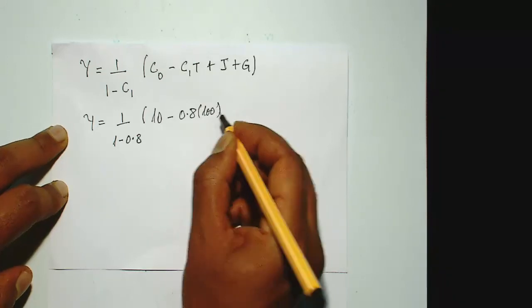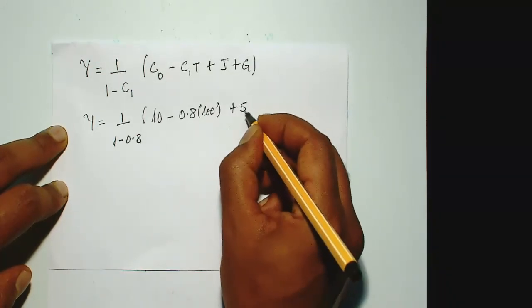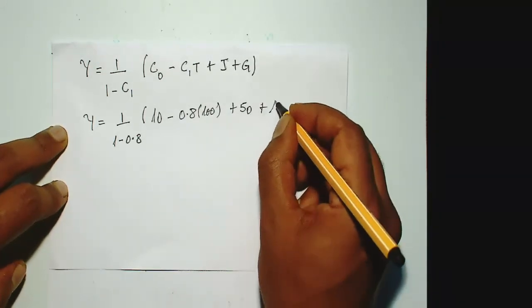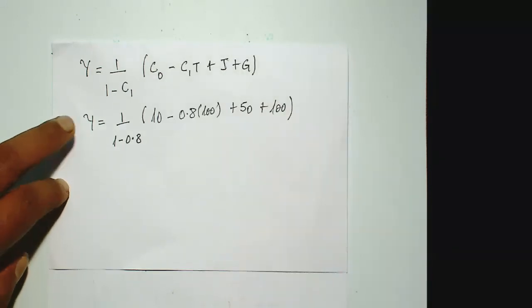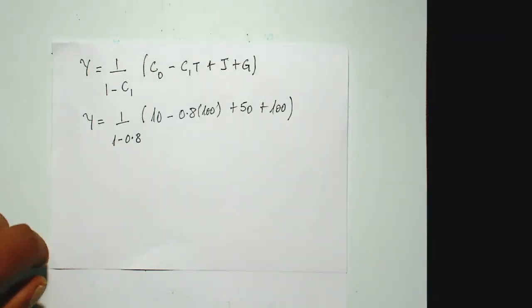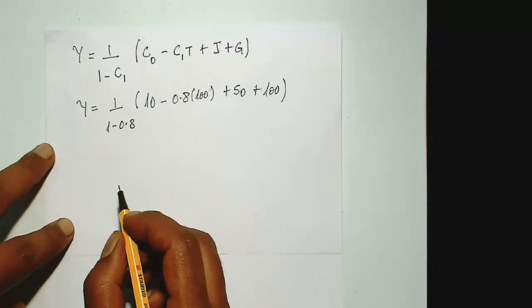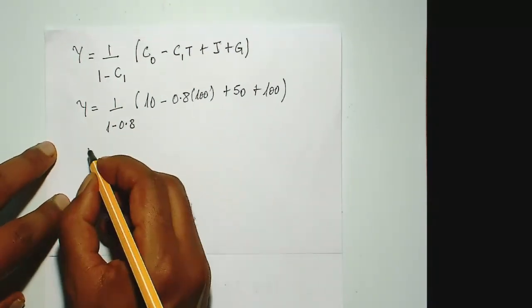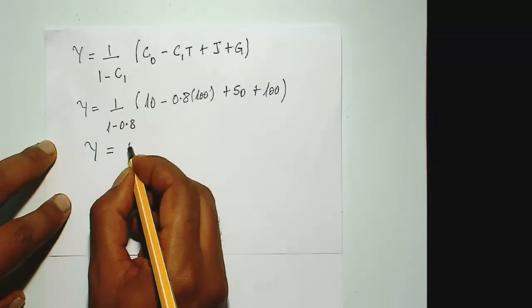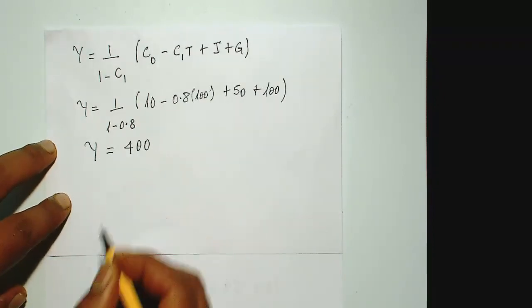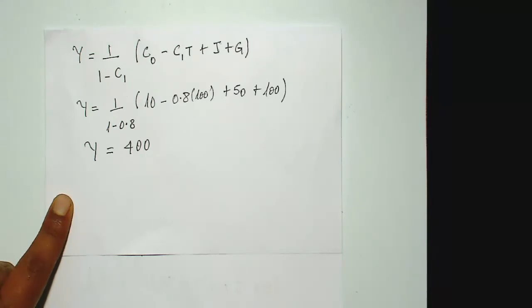And the rest of the values would remain the same. Nothing has changed. And our formula would look like this. So if you calculate this with your calculator or by hand, the final value of income would be 400 monetary units.